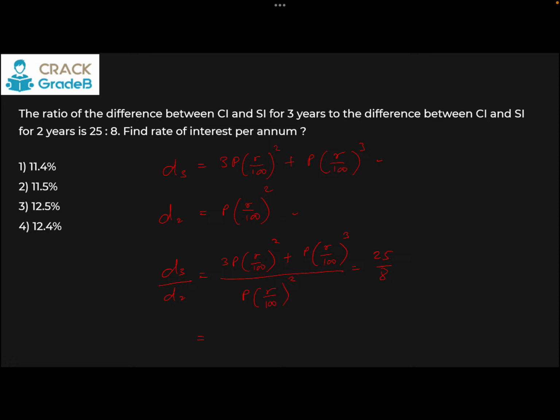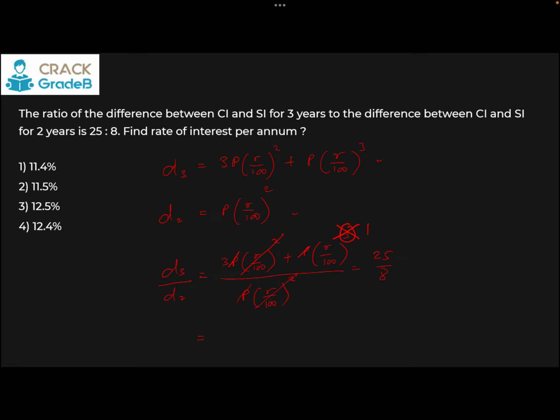It is very simple to do this calculation, because the P will get eliminated from all the terms. Not only that, R by 100 square also will get eliminated from all the terms. It has R by 100 whole square, R by 100 whole square, R by 100 whole cube. So out of the power 3, the power 2 will go and only power 1 will remain.